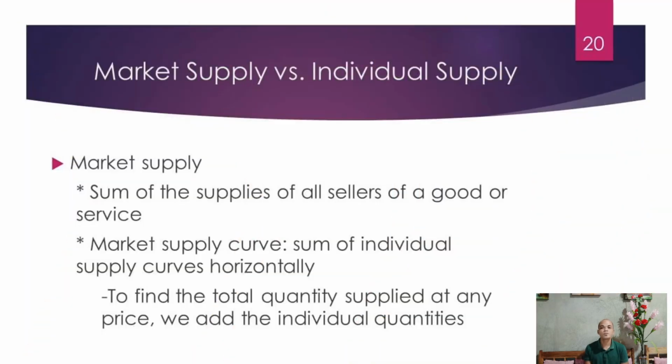Market supply versus individual supply. Market supply refers to the totality of supplies of all the sellers of a good or service. So the market supply curve is the totality of the individual supply curves horizontally. To find the totality of the quantity supplied at any price, we need to add the individual quantities.